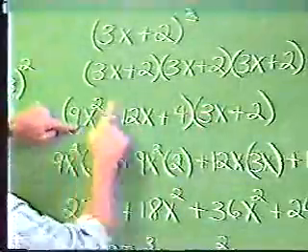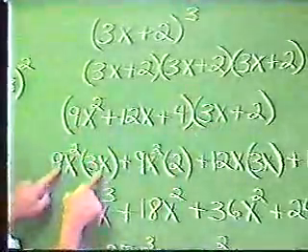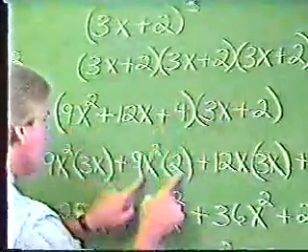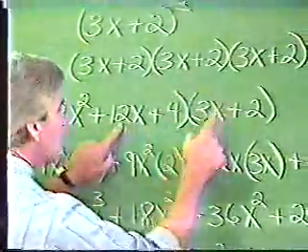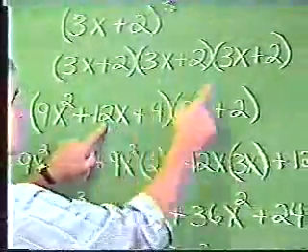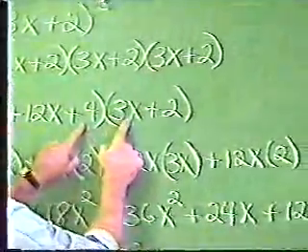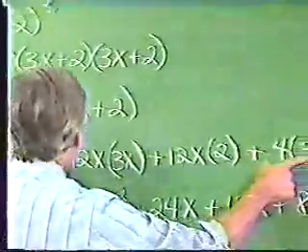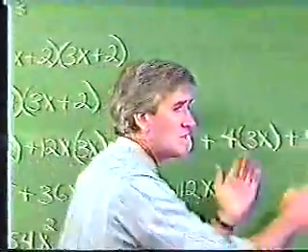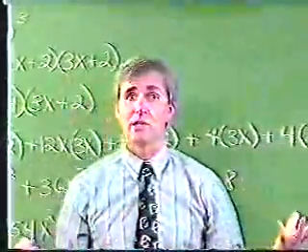It would be 9x squared times 3x, then 9x squared times 2, then 12x times 3x, then 12x times 2, then 4 times 3x, and then 4 times 2. You see, this thing stretches out, doesn't it, quite a bit.